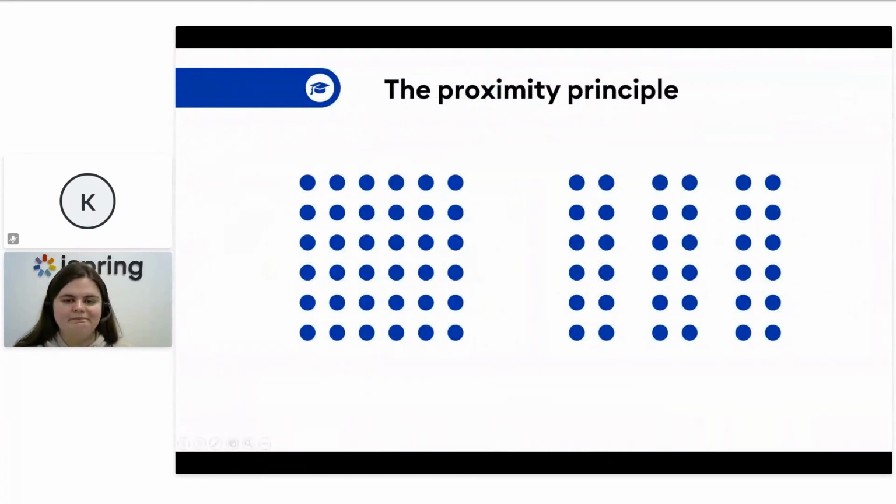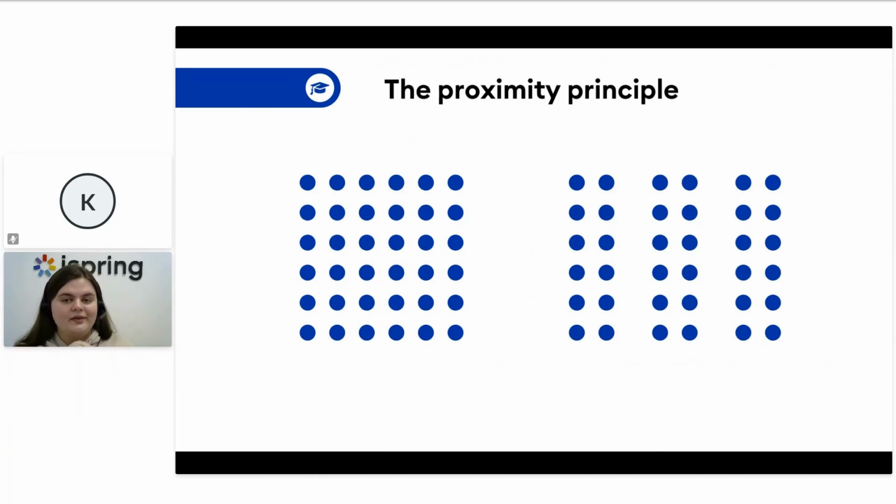Here we go. In the picture on the left, where the distances between the objects are the same, we perceive them as one large semantic group.